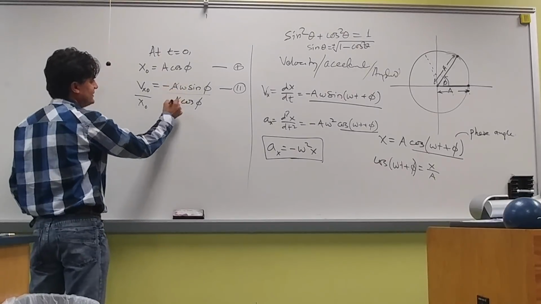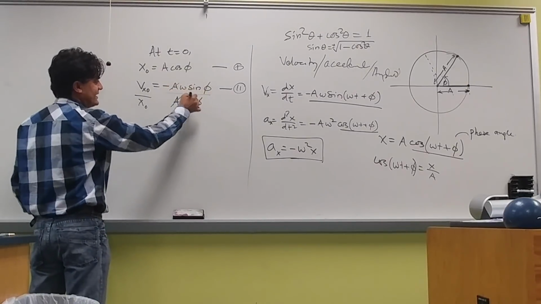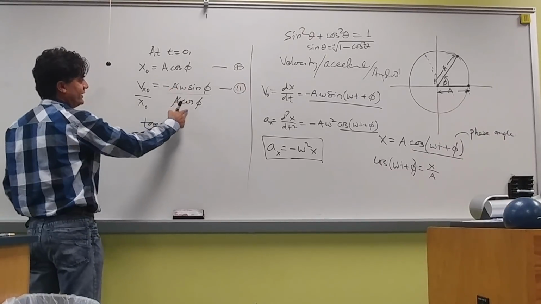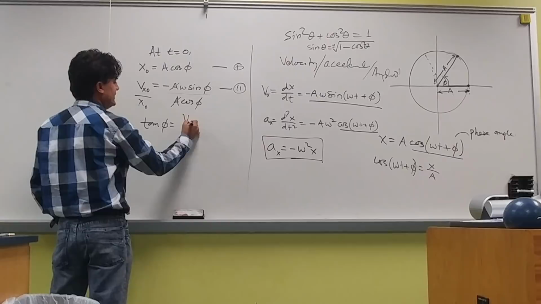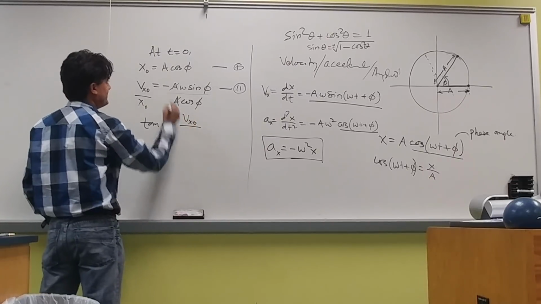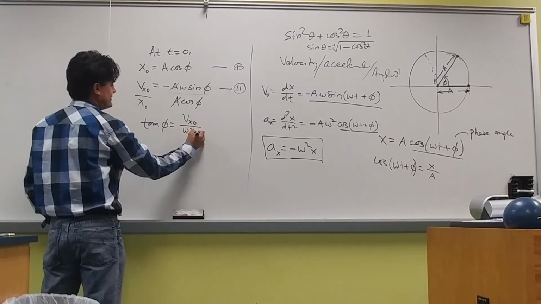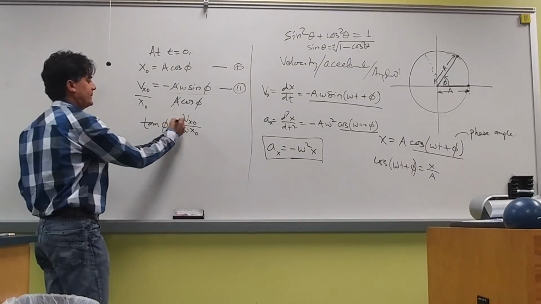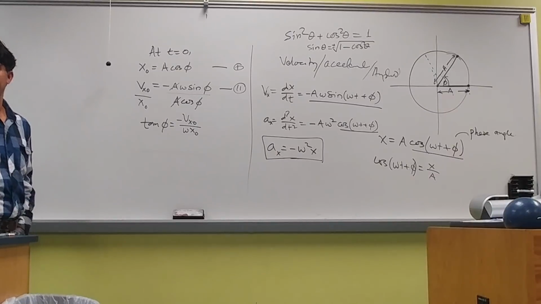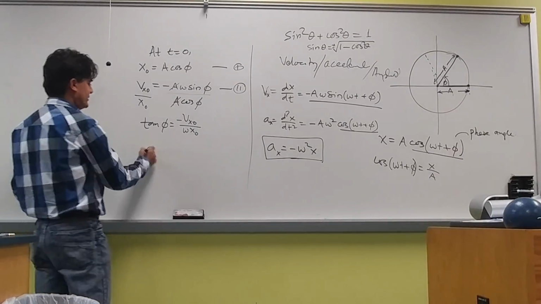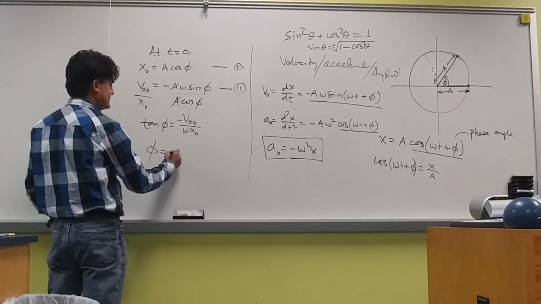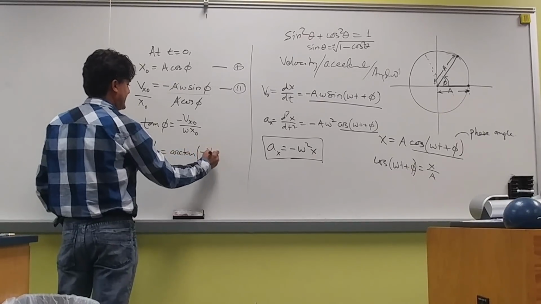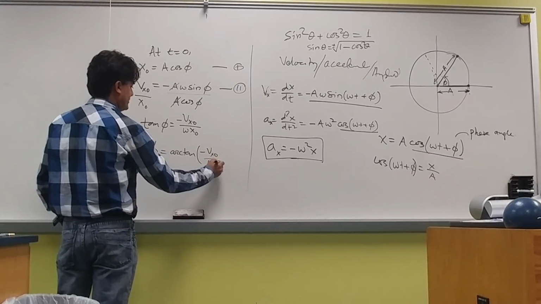So this A will cancel, and this will be tangent of phi, which is Vx0 divided by omega x0, with a negative sign. In other words, the phase angle phi can be defined as arctan of minus Vx0 divided by omega x0.